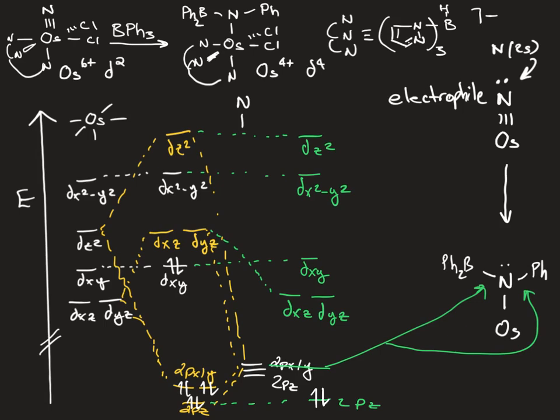We have the d4, the 4 d electrons we have to deal with, which go in these orbitals here, generating that diamagnetic S = 0 singlet compound.